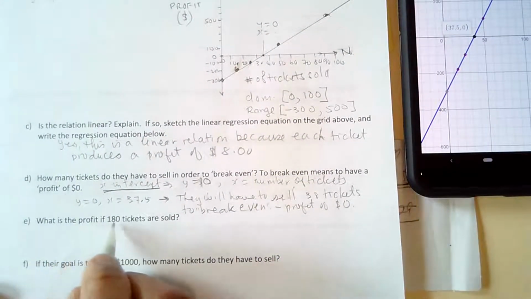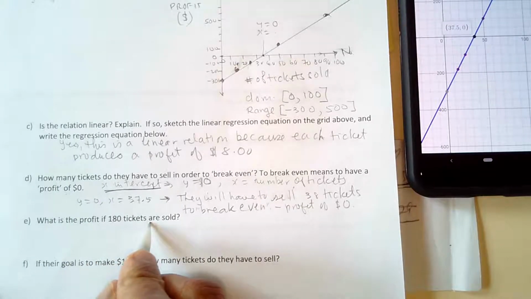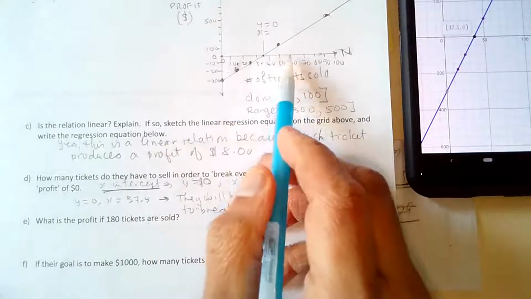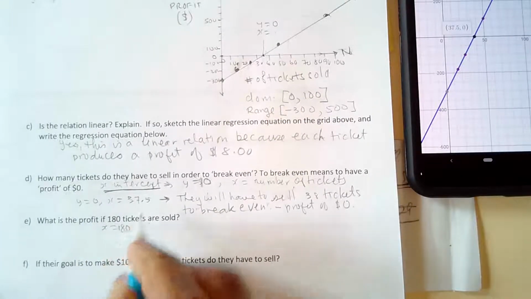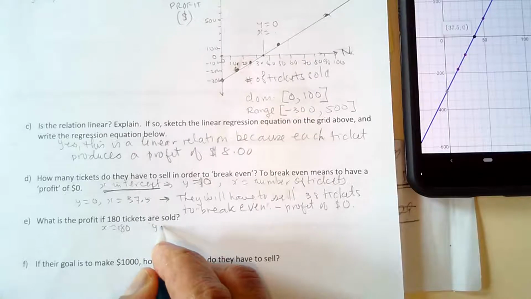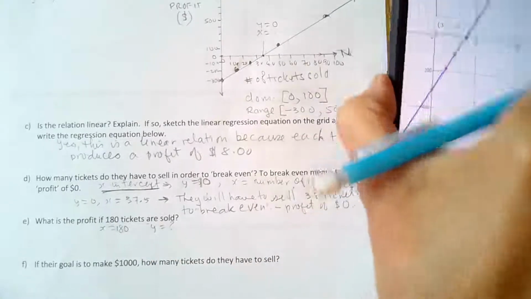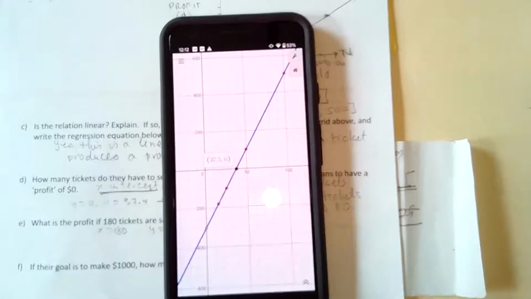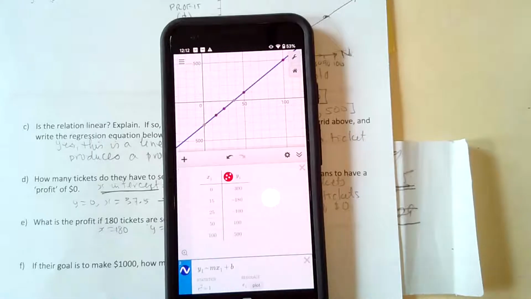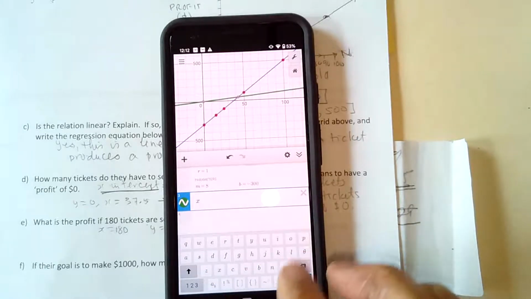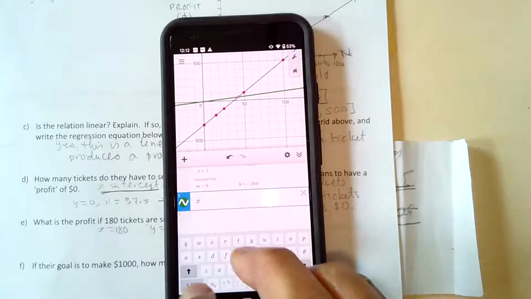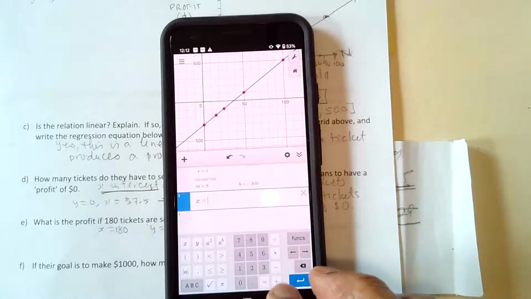Now, the next question. What is the profit if 180 tickets are sold? So now, x is 180. What is y? With Desmos, we are going to go back to our next line. We'll say when x is 180, that's the number of tickets.